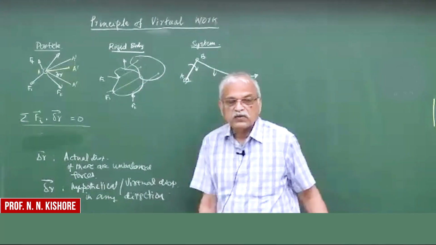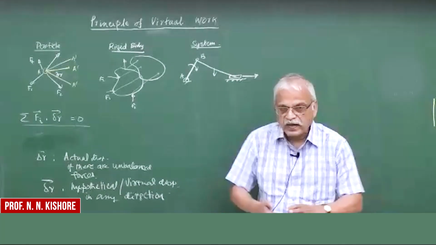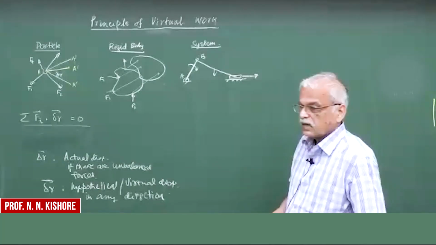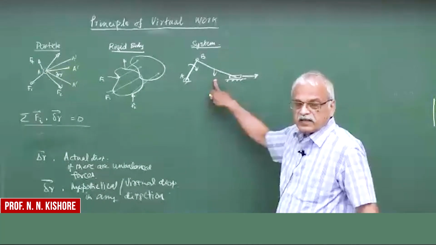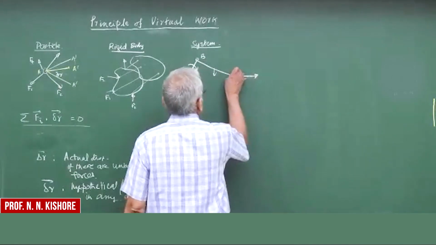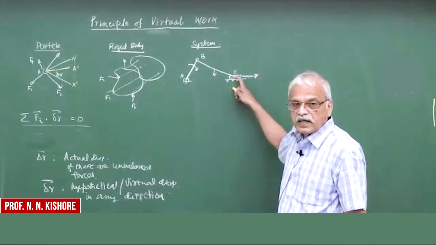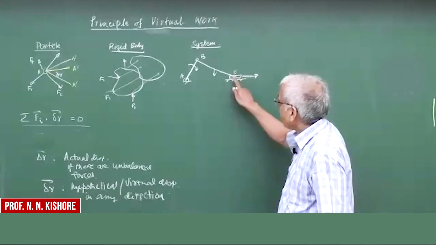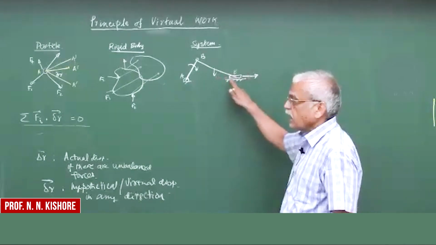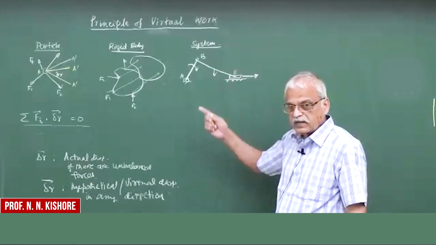So this is any displacement satisfying the constraints imposed on the system. For example, in this system of bodies, point C cannot have any displacement other than a horizontal displacement. It is only allowed to move horizontally, either this way or that way.